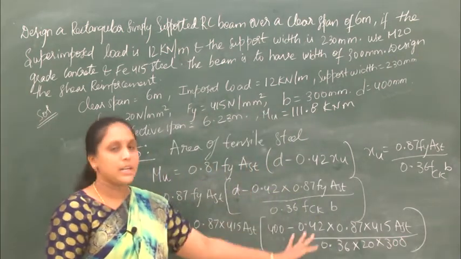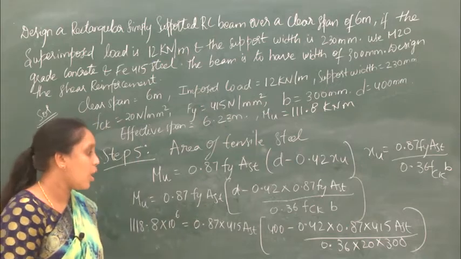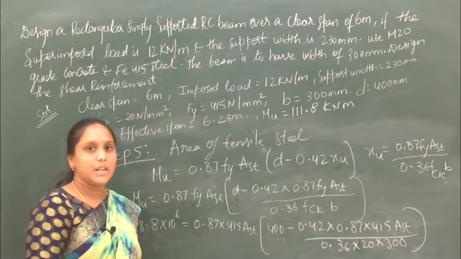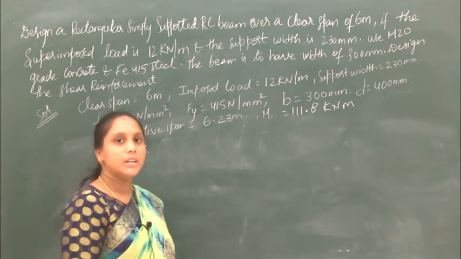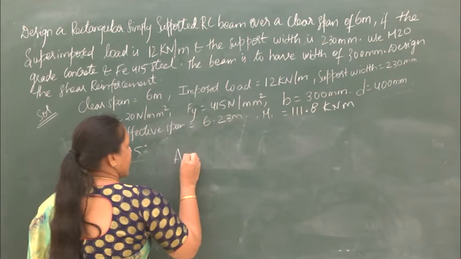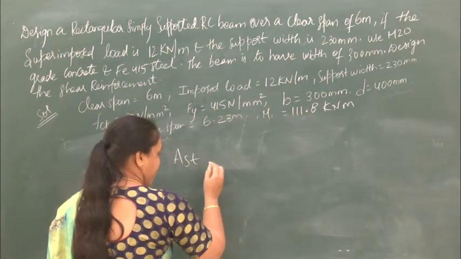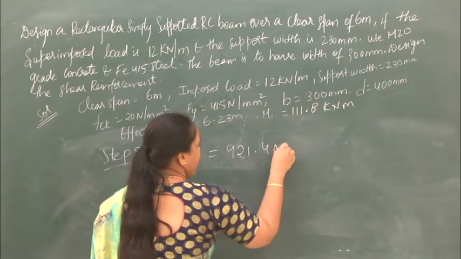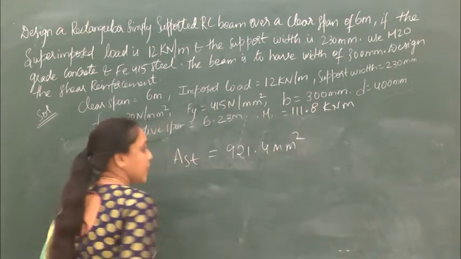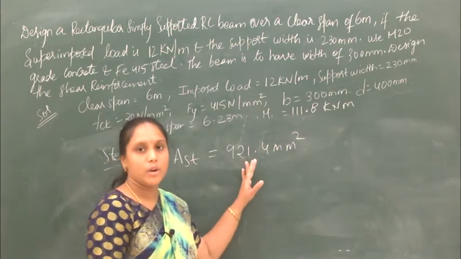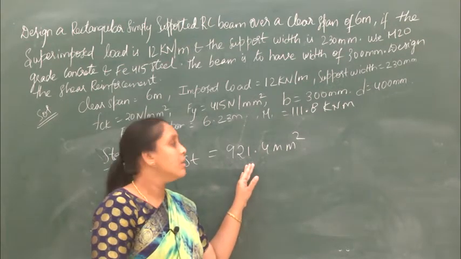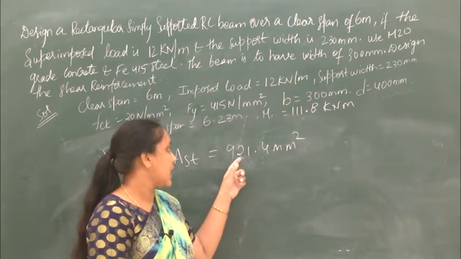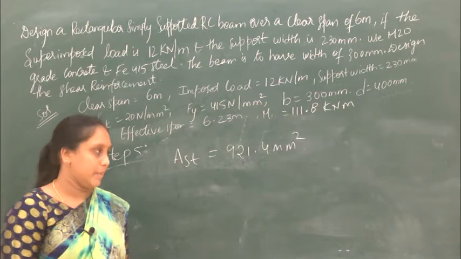If you solve this particular equation, you will get the value of AST as 921.4 mm square. Now, this is the area of steel required for carrying the particular moment Mu, that is 921.4 mm square.